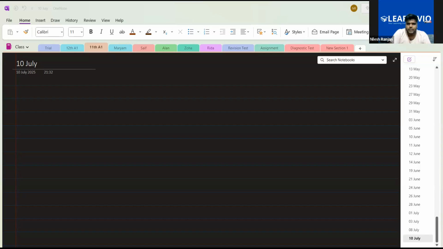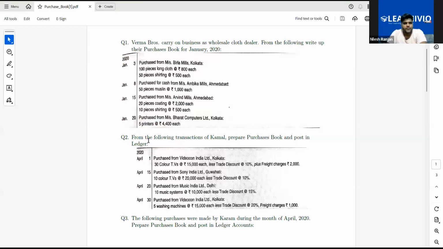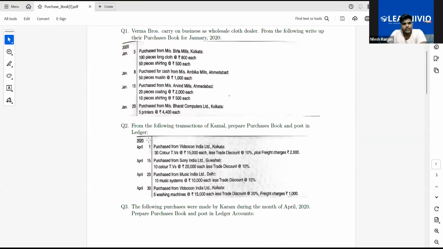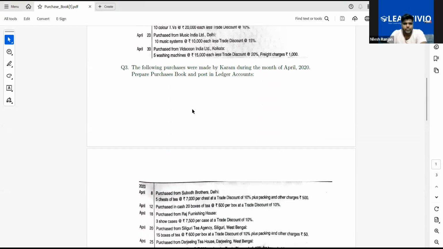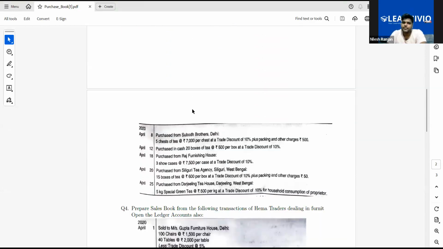Actually, in the previous class, on Tuesday, this is the homework I shared. Maybe it is not visible to you yet. In the PDF, I solved question number 1, and I gave question numbers 2 and 3 as homework.